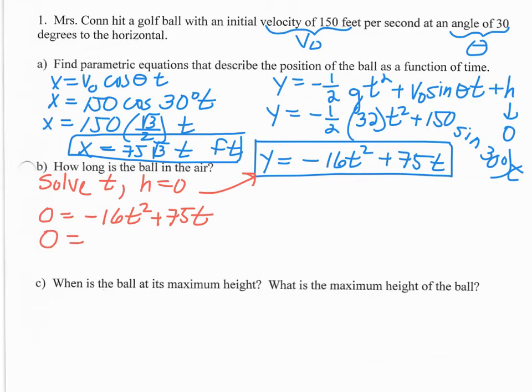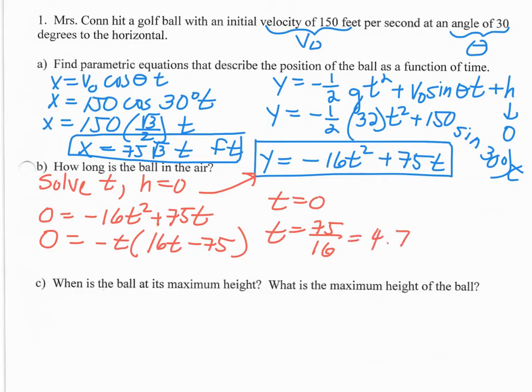This one's not too bad, because if I do a little factoring, I take a negative t out, I get 16t minus 75, which tells me time is 0, or time is 75 over 16. It'd be a lot easier to write that as a decimal, 4.7.